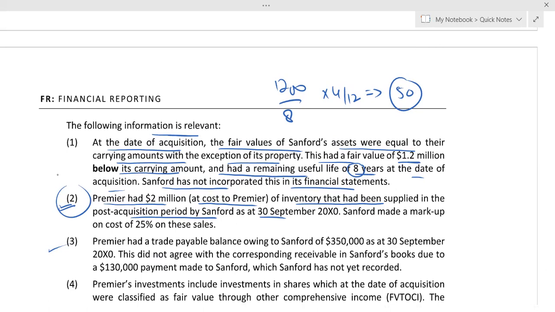Unrealized profit will be deducted from the net asset at reporting date. Now let's see. Parent had 2 million at a cost to parent. Obviously, parent is the buyer, so it is 2 million cost for the buyer, of inventory that had been supplied in the post-acquisition period by Sanford. Sanford had sold these goods to parent at 30 September X0. Sanford made a markup on cost of 25% on these sales.